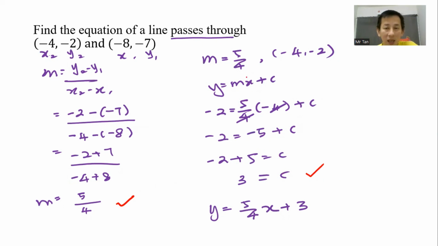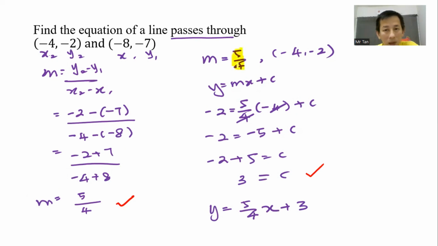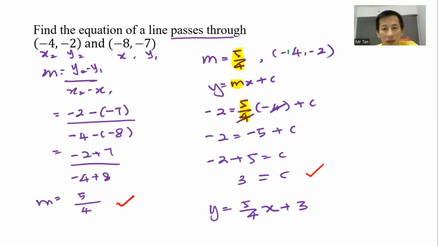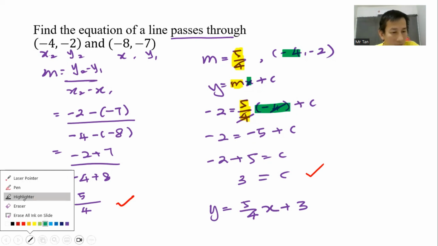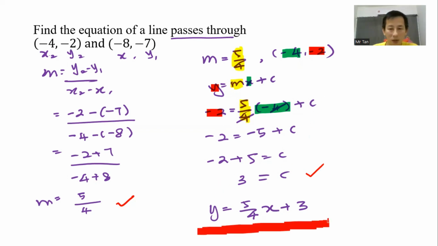To find the c, you substitute the m, this m here, and your x, this will be the x, and y will be this one. You substitute, then you solve for c, and you get your equation.